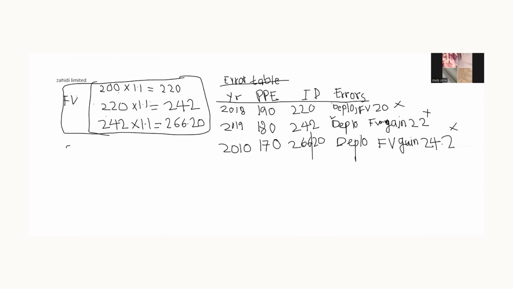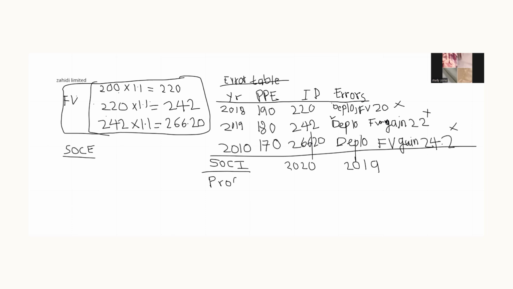Now the SOCE extract and SOCI extract, for 2020 and 2019. Profit: we have the profit given in the question, 82 for 2020 and 62 for 2019. We have the depreciation charge that we recorded by mistake, so we will reverse it, 10 for both years.